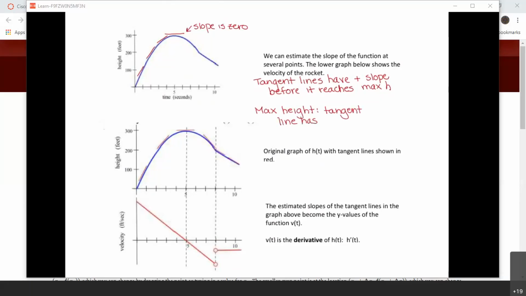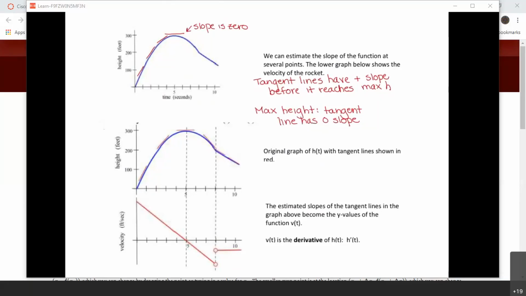That's going to be really important. It's going to help us find those maximum and minimum values of a function really quickly. Now a lot of you might say, well, if it's a quadratic, I can find the maximum. That's the vertex. That's minus b over 2a. I can do that really fast. That's true. But not everything is going to be modeled by a quadratic. Some functions are going to be more complicated than that.